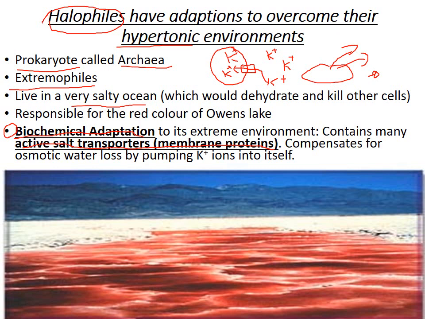So we saw adaptations of the paramecium to a hypotonic environment. We saw adaptations of the prokaryote, the halophile, to a hypertonic environment. So again, we can see natural selection resulted in organisms that were good matches for their environment. If the organism did not have this pump, it would just not survive in this environment, so it's not there. If the organism does have it, then it can survive, and it is there. And this was a result of a random mutation that allowed that protein to be embedded within the membrane.